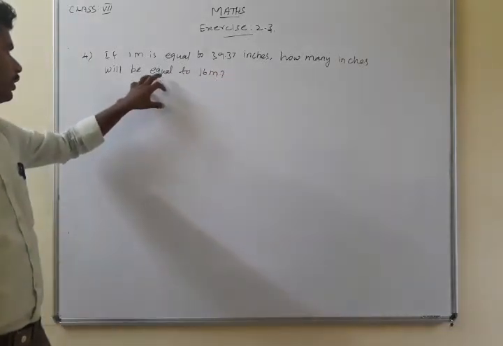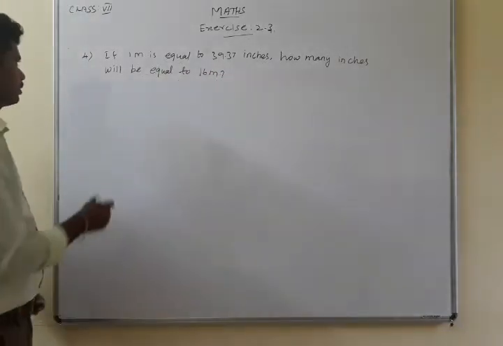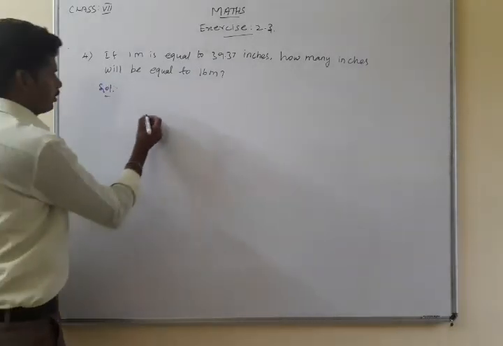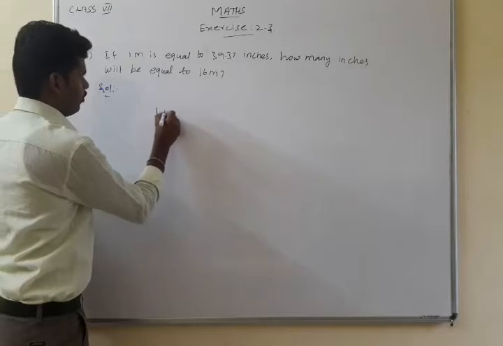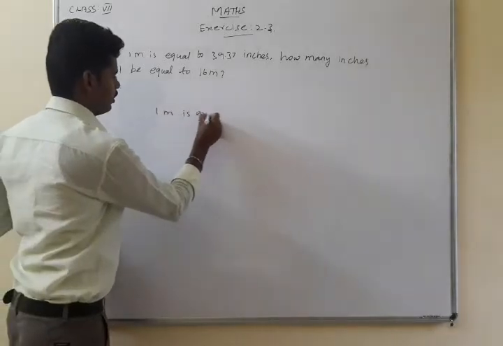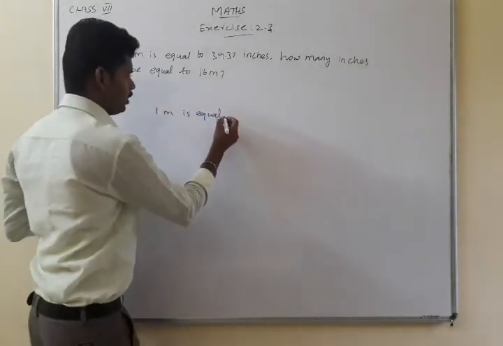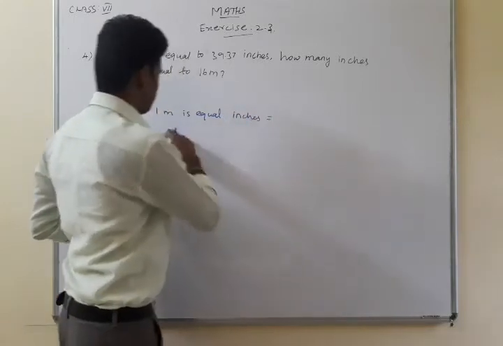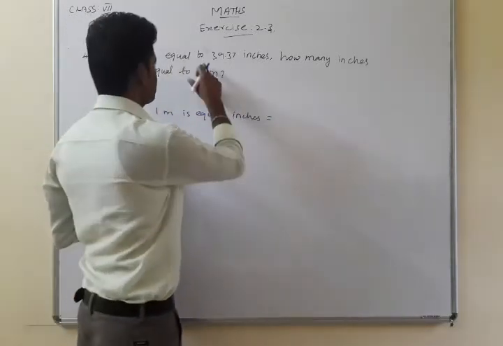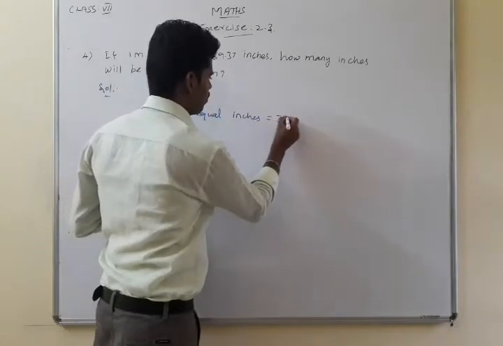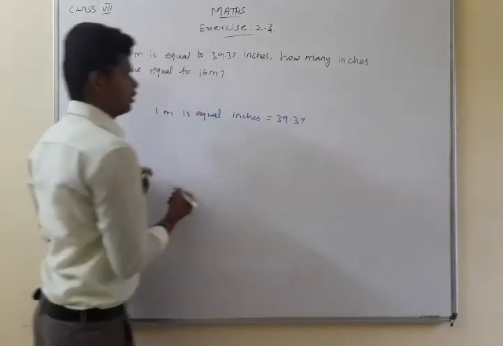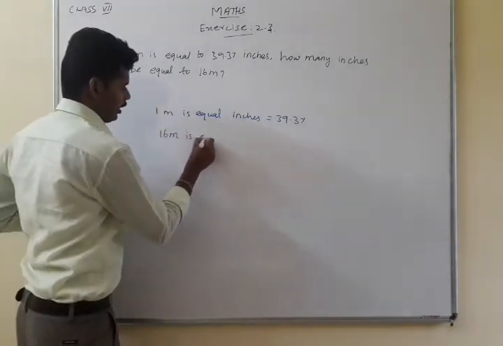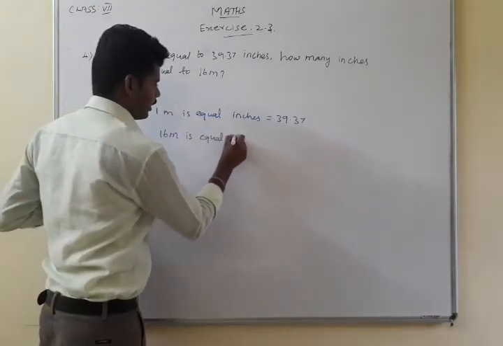So you find the 16 meters. 1 meter is equal to how many inches? 39.37. So he is asking 16 meters. 16 meters is equal to how many inches?